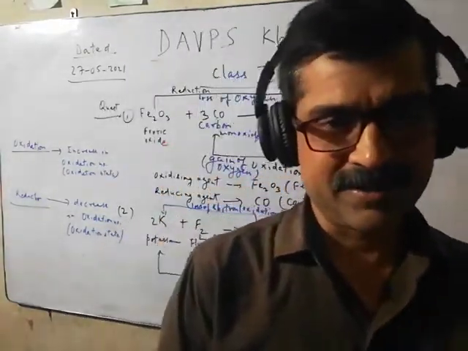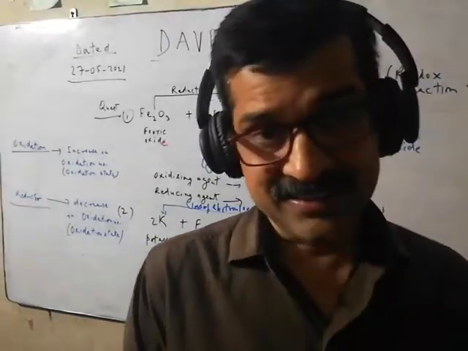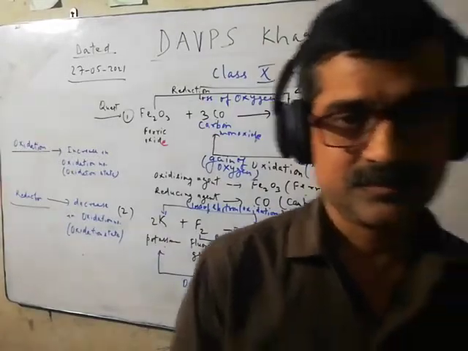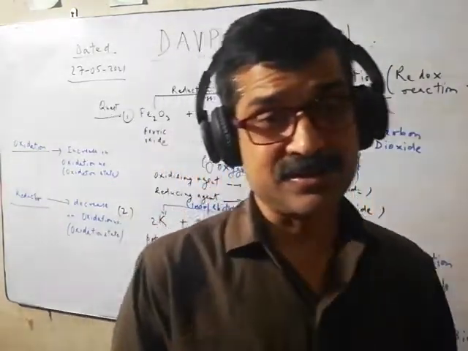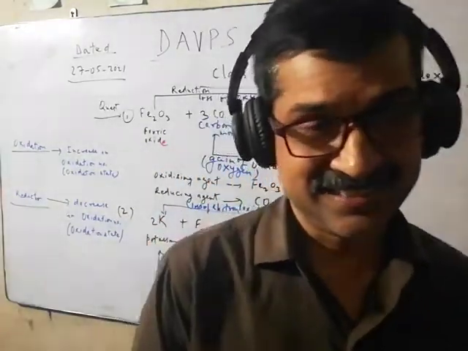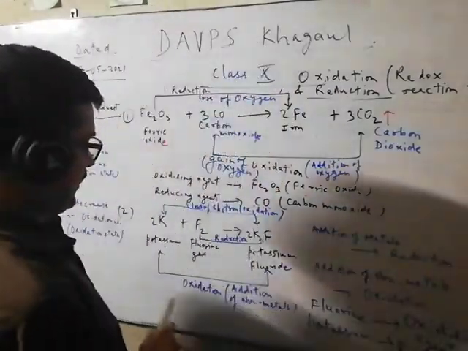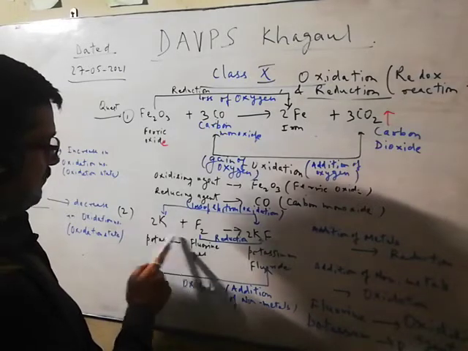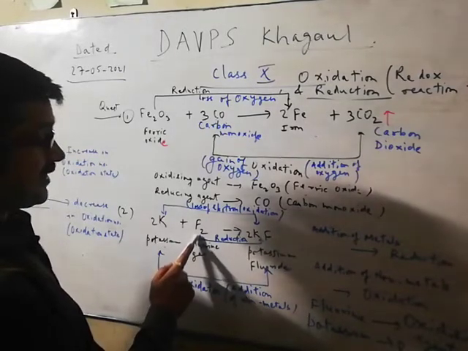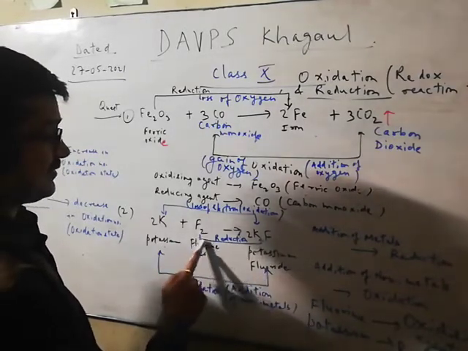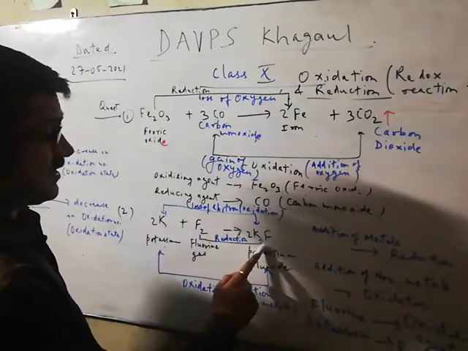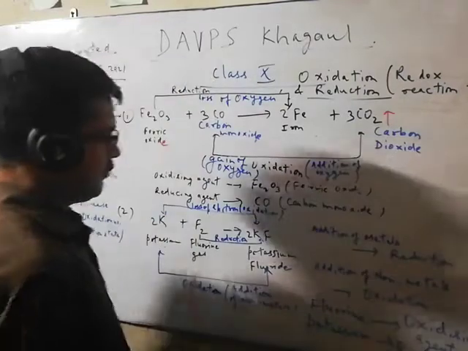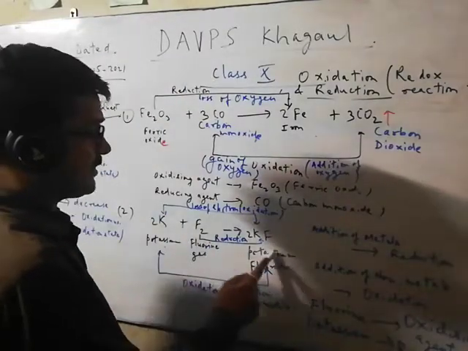I am giving you a few seconds. Think. Gain of electrons is reduction. So here fluorine is gaining electrons. Fluorine is reduced because it is gaining electrons.